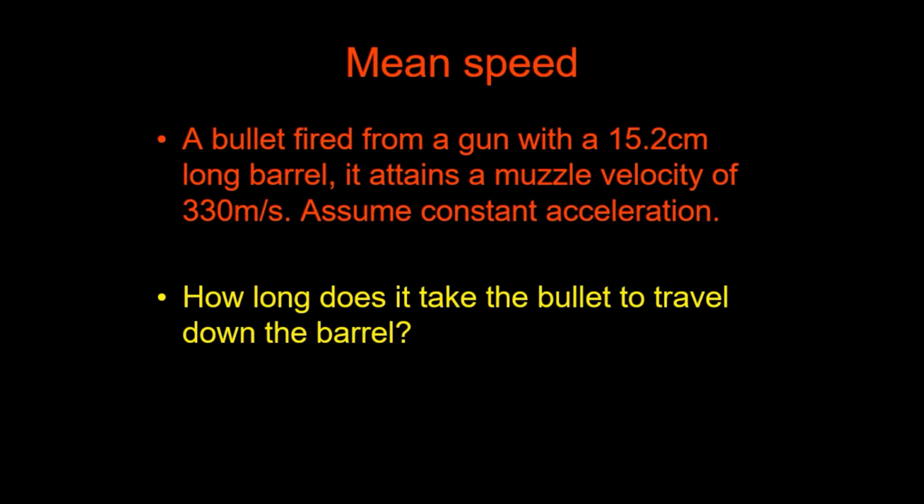Back to the question. How long does it take the bullet to travel down the barrel? Well, a muzzle velocity is the velocity that a bullet has as it leaves the gun barrel. So we're going to have a velocity here of 330 meters per second to play with, and we're going to have a displacement down the barrel of 15.2 centimeters. So read through the question carefully and decide what do I have and what do I need, and then create a shopping list.